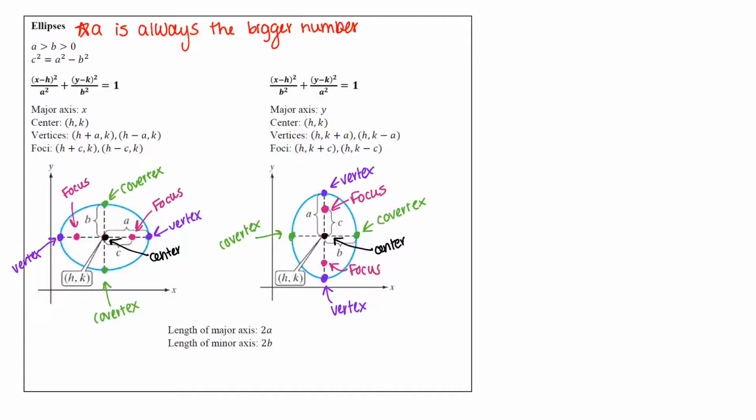So the variable with the bigger number underneath it, and A squared will be bigger than B squared, so just ignoring the squared parts, whichever of these has the bigger number underneath it, x or y, that's going to tell you what your major axis is.